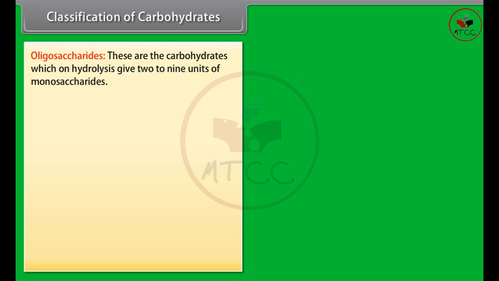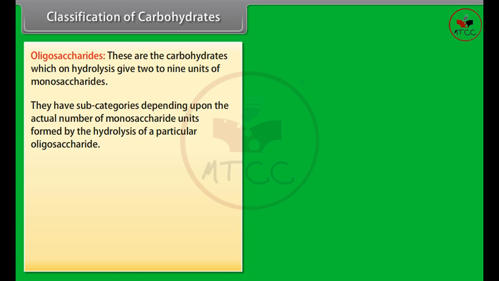Oligosaccharides. These are the carbohydrates which on hydrolysis give 2 to 9 units of monosaccharides. They have subcategories depending upon the actual number of monosaccharide units formed by the hydrolysis of a particular oligosaccharide.